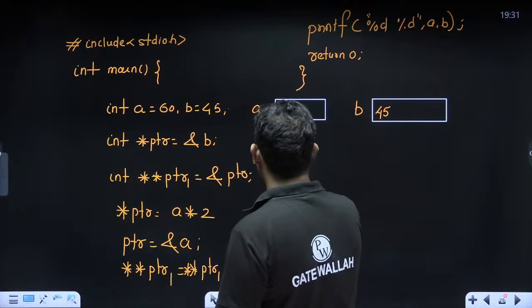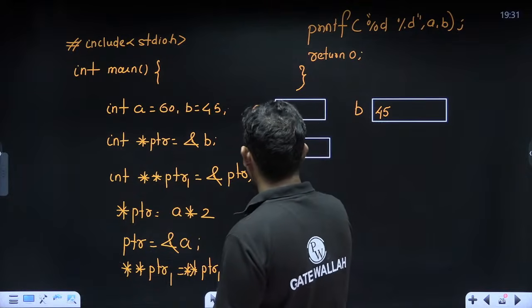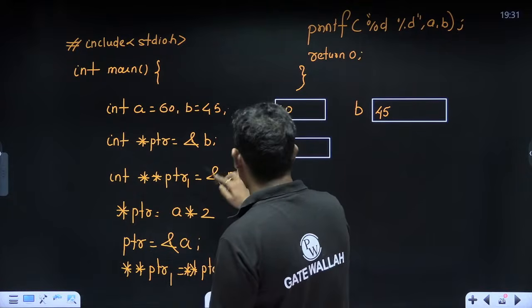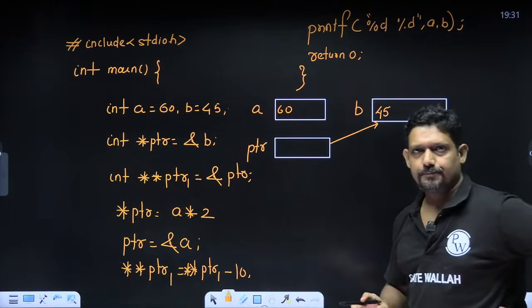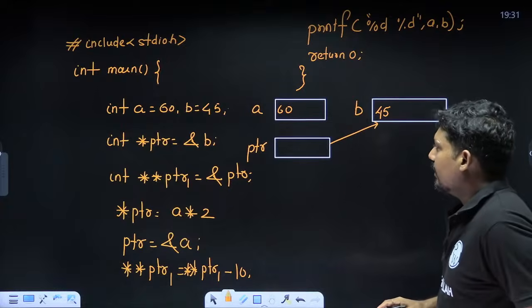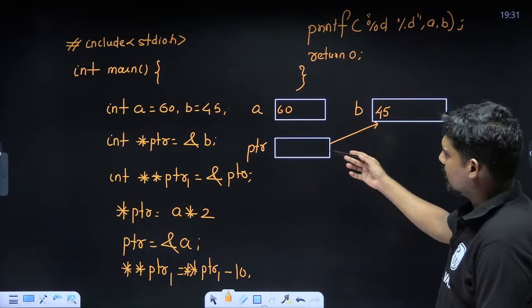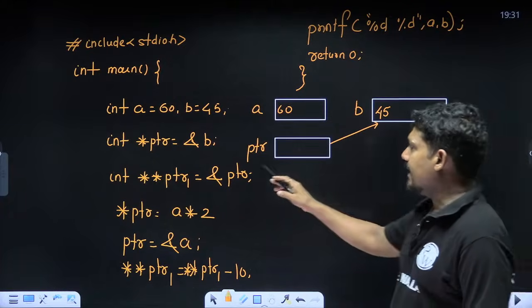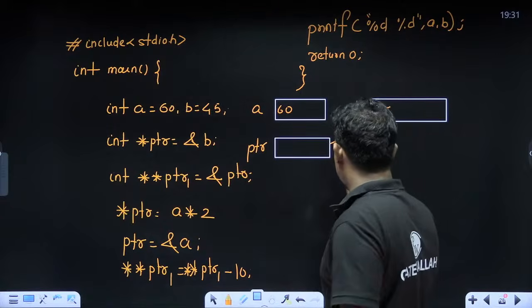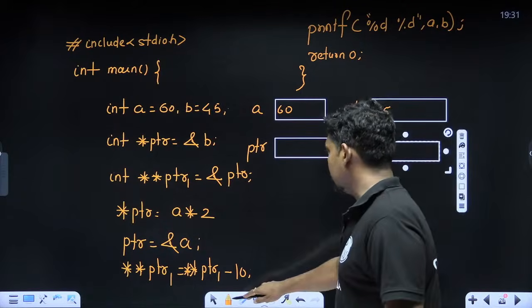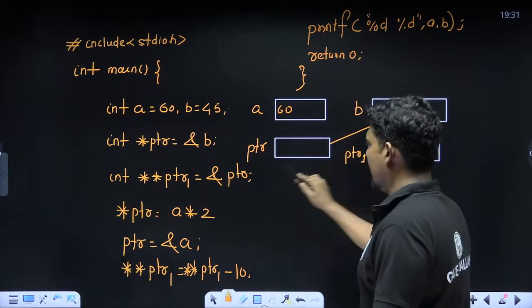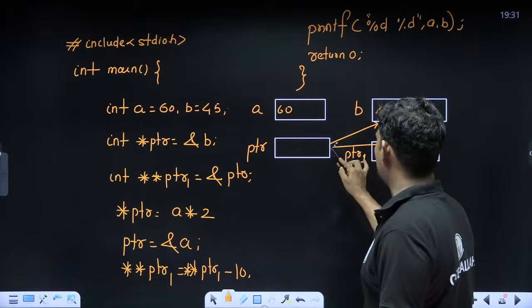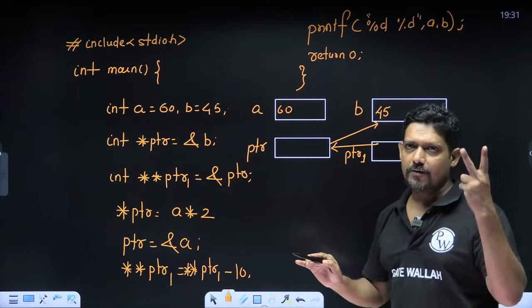Pointer PTR is equal to B. PTR is pointing to B. Now you take the address or just make an arrow. Double dereference PTR, another one is there, that is PTR1. So let's write PTR1, address of PTR. So now this is one arrow, two arrows, double dereference.